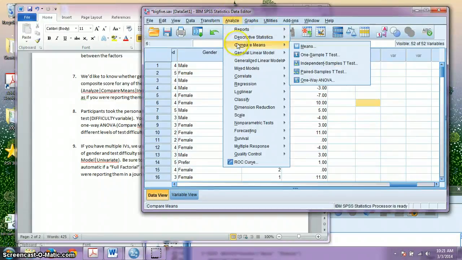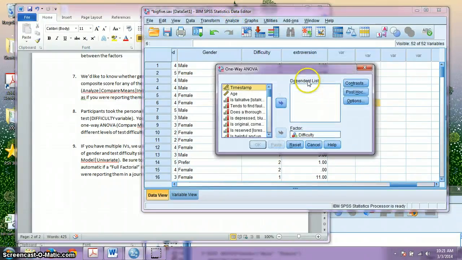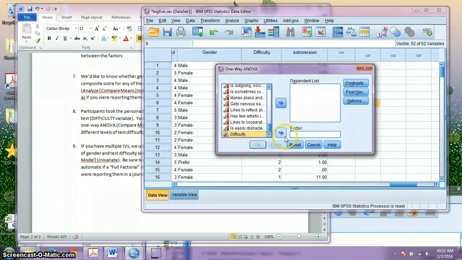So we're going to go to compare means again and do a one-way ANOVA, and in factor, difficulty, this is the independent variable. Extroversion is the dependent variable, even though in this case you might think of a personality factor as an independent variable.